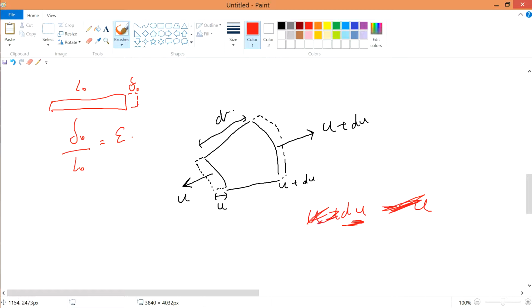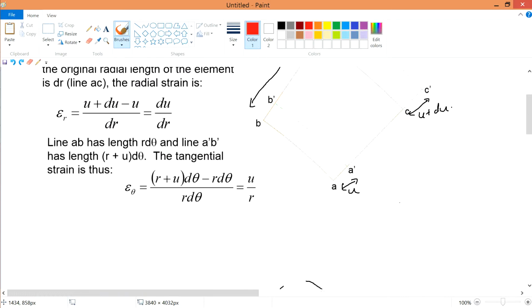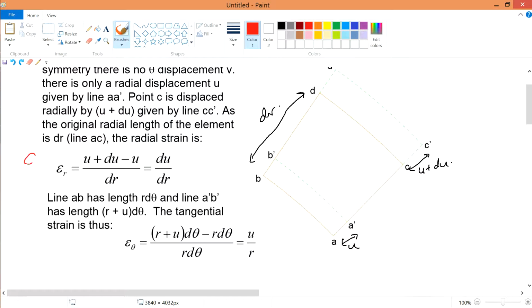So du is the small change that happens across dr, this particular length. So we will have something like a du over here. Hopefully you understand. And therefore this explains your strain in the radial direction, which is du over dr.